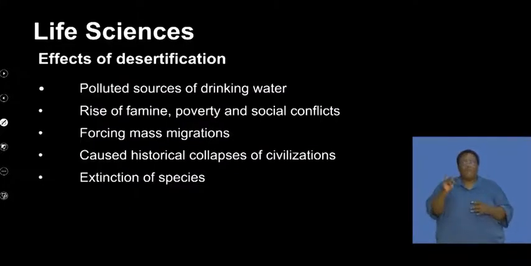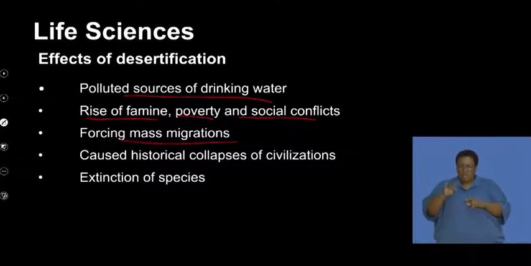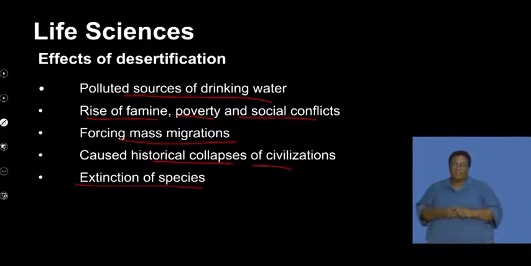The effects of desertification continue to also pollute our drinking water. There's an increase in famine, poverty, and social conflicts, forcing mass migrations of people and animals. It's caused the historical collapse of civilizations, as well as the extinction of species.